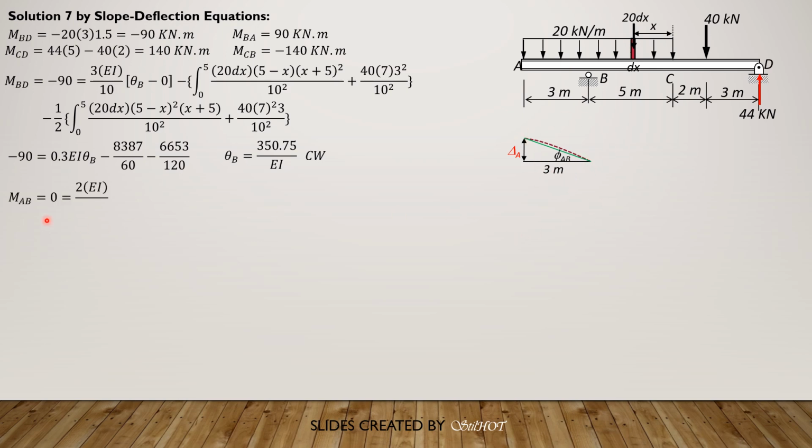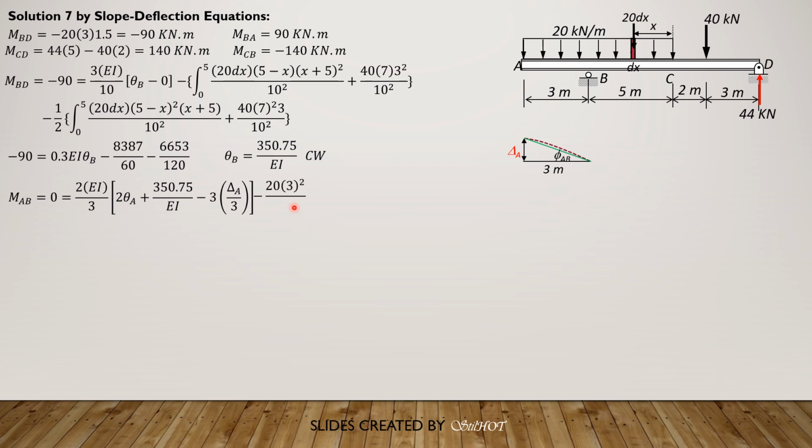So MAB, moment at A is 0, and because there is moment at B, we use 2EI over L instead of 3EI over L. So 2EI over L, L is 3 between A and B. So 2 theta near, 2 theta A plus theta B, minus 3 times P. And P is delta A divided by 3, which is positive because it is clockwise rotation PAB. Then my near end is A, so negative 2 times 3 squared over 12.